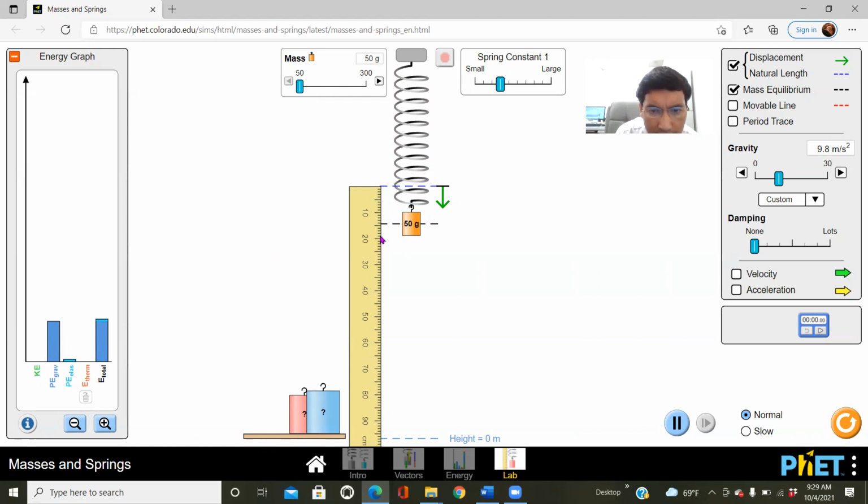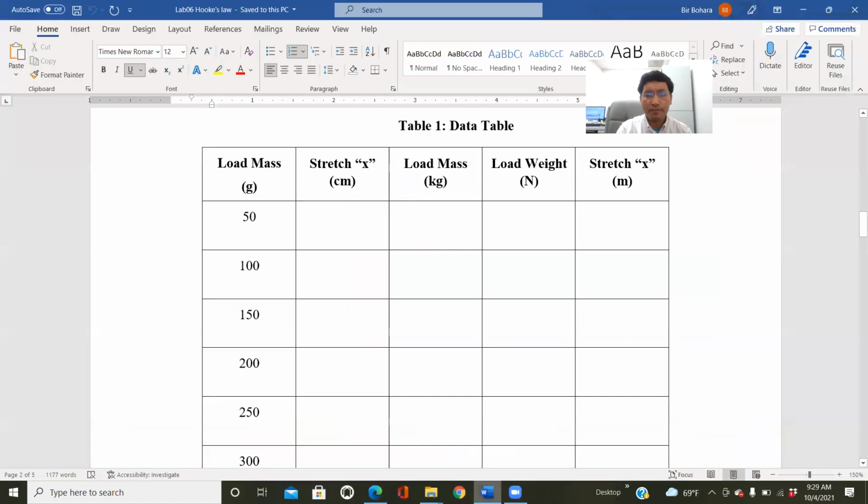For example, right now, if I look here, it's about 10 centimeter, 11, 13, 14 centimeter, right? So let me write down 14 centimeter. Extension is 14 centimeter. Mass is already there, so this is one data point.